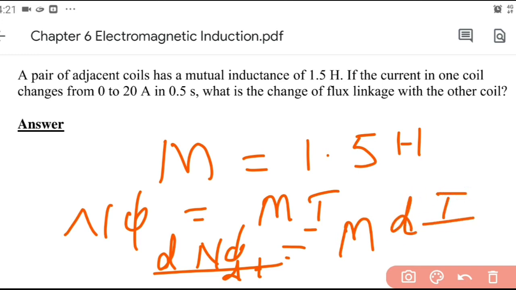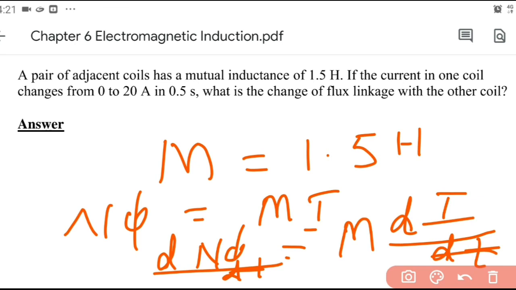The dt gets cancelled, so the change in N phi is equal to M into di.